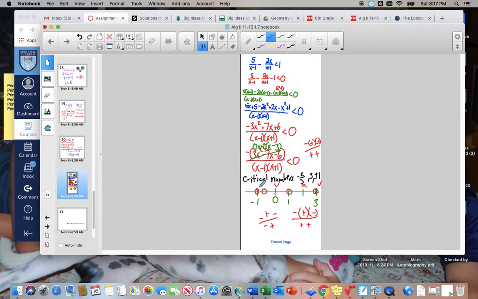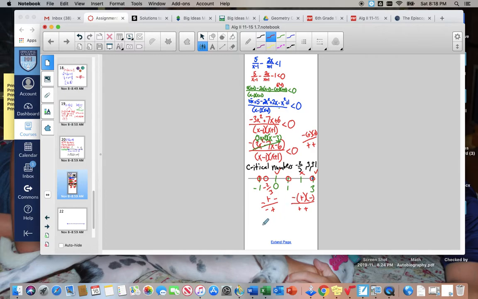Now this is really tricky because we need to find something in between negative 2/3 and negative 1. A suggestion is maybe negative 5/6. So if we plug that in, we would get negative 5/6, this would be negative 5/6, this would be positive.